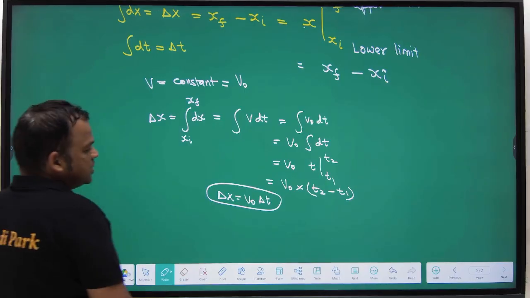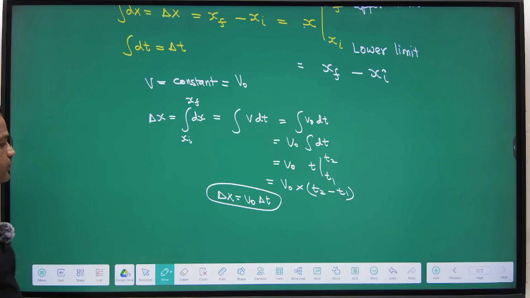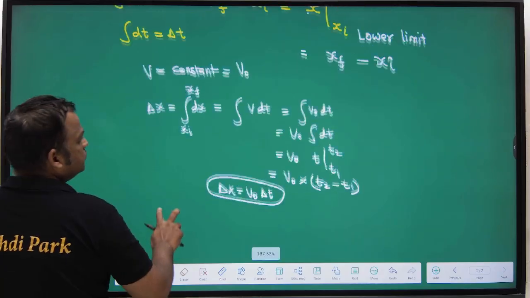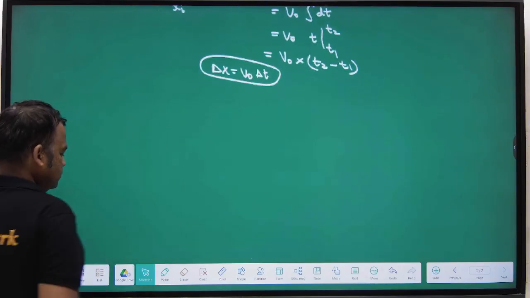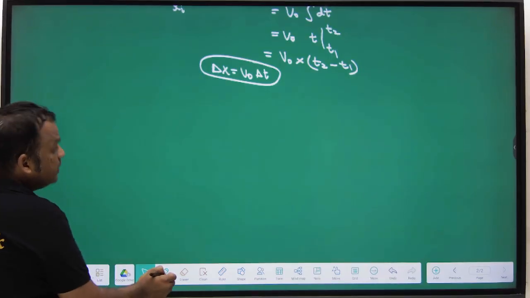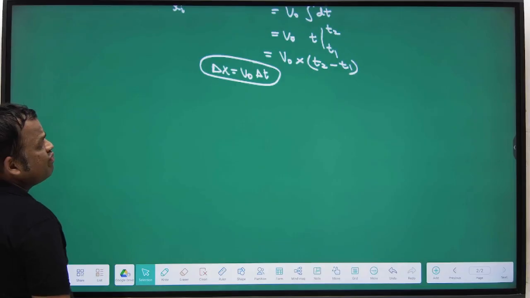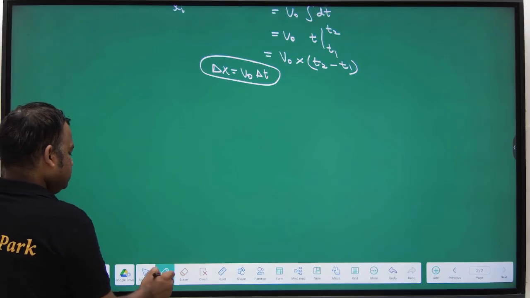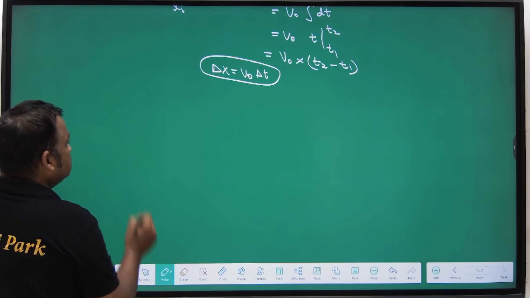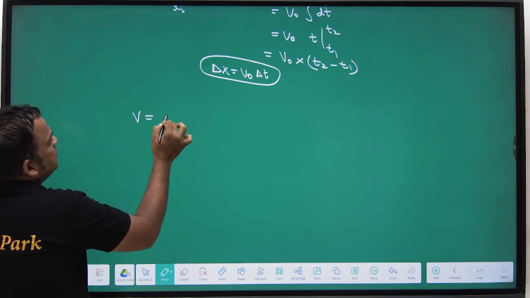Let's take velocity variable. Variable means it will depend on time. Suppose v is equal to t.